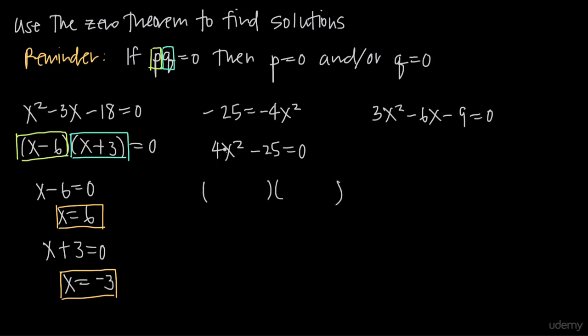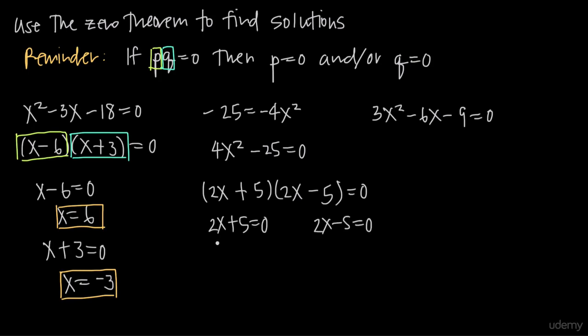So the square root of 4x squared is 2x, so we go ahead and put those in. And the square root of 25 is 5, so we go ahead and put those in. And then we make one of the factors plus and one of the factors minus. So we'll go ahead and say equals 0. And now we have two equations that we can set equal to 0 individually. So we'll say 2x plus 5 equals 0, and 2x minus 5 equals 0.